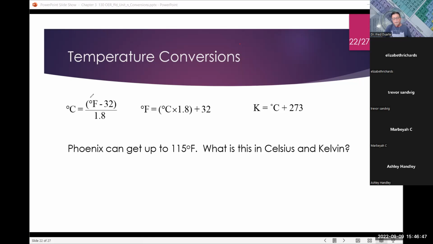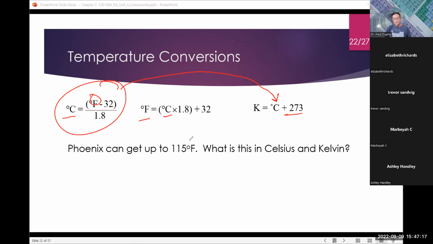If you have Fahrenheit, you subtract 32 and divide it by 1.8, that gives you Celsius. If you have Celsius, you multiply it by 1.8, and then you add 32 and it gives you Fahrenheit. Okay. Once I have Celsius, I can go to Kelvin by simply adding 273 to Celsius, and that puts me in Kelvin.